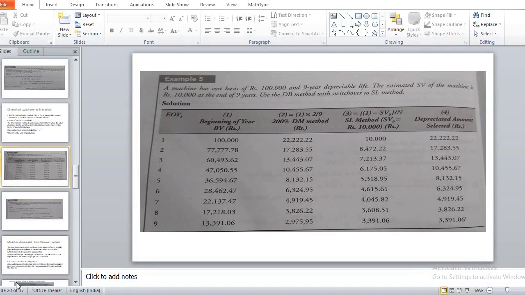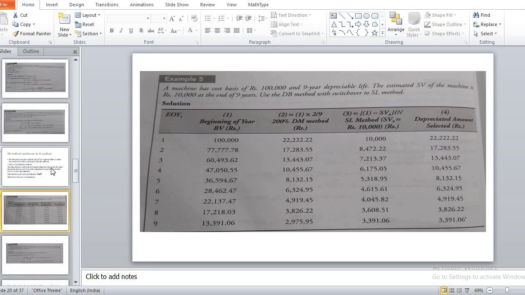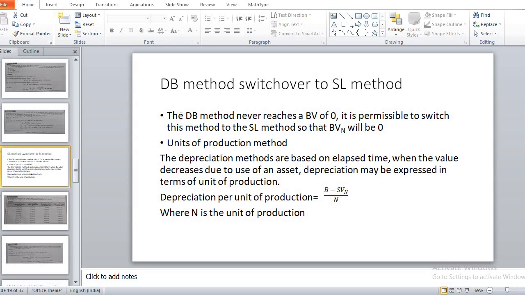As a continuation of the previous video, we go further. In the previous video we discussed some modification in the straight line method, the declining balance approach, which we introduced in the straight line method.